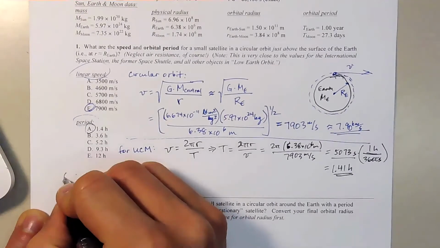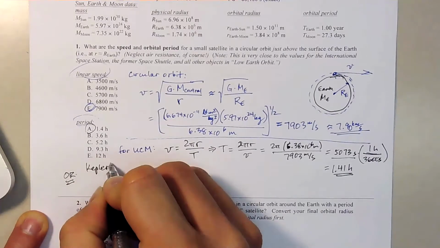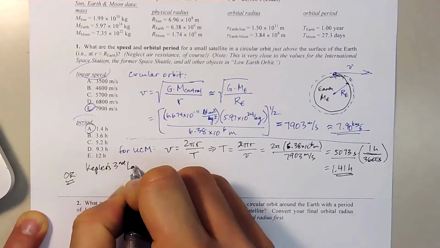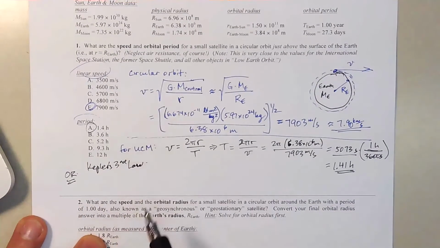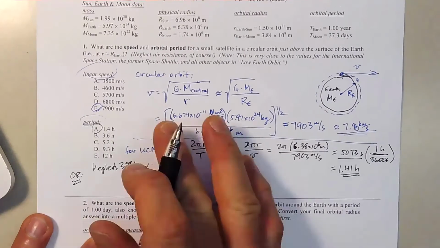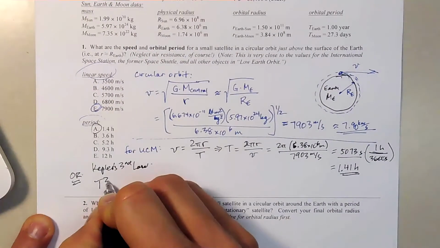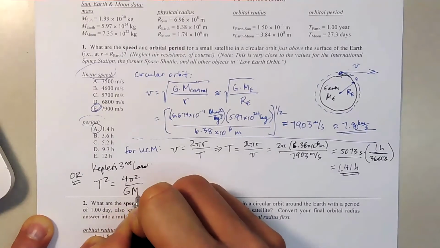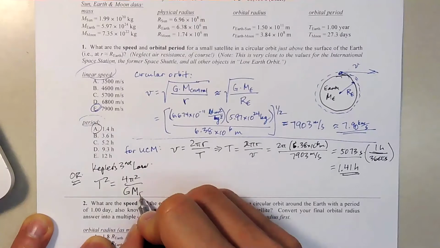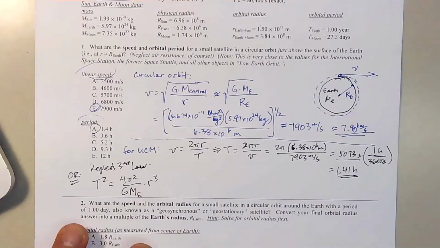Another way to solve this would be to use Kepler's third law. And for that, we would not need to have found the speed previously. We would just be able to use this information and calculate the orbital period directly. T squared is equal to 4 pi squared over G, mass of the central body, which in this case is the Earth, times the orbital radius cubed.